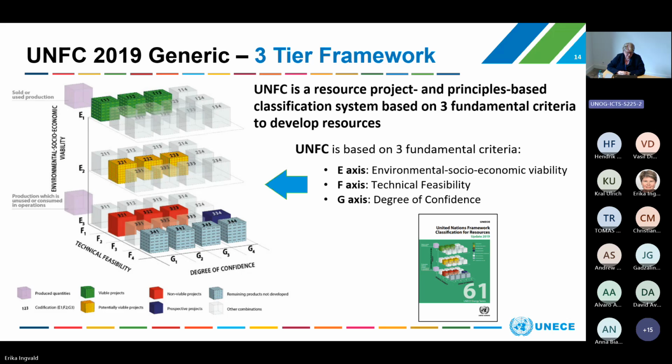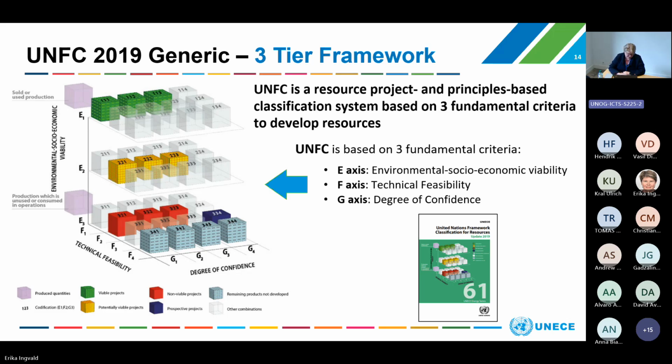And if you look at the cube with the colors, if you look at the top to the left of the cube, you see 3 small green cubes. That's where you have the viable projects. So if you have a 111, you probably have a project that is producing already. You have everything in place on the 3 axes. If you are in the yellow field, you have a potentially viable project. If you're down there in the red, you probably need to do a lot more work to move it up to a yellow or a green cube or level in this 3-tier structure.